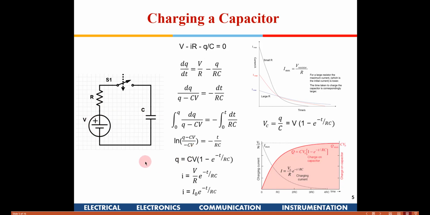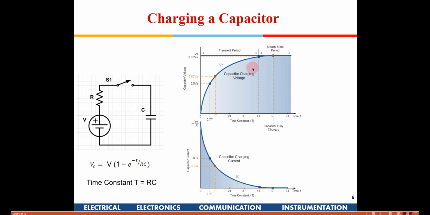What is 5 RC? RC is the time constant, and 5 RC is the time at which this capacitor gets charged fully. Although mathematically it is at t equal to infinity, it will reach almost 99.8%, which we consider as 100%. Is it okay with everybody?